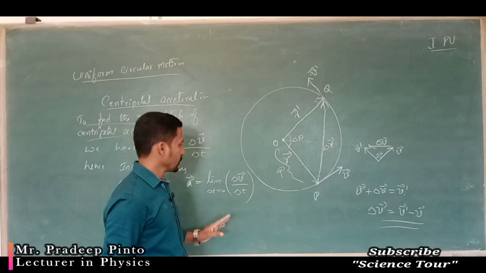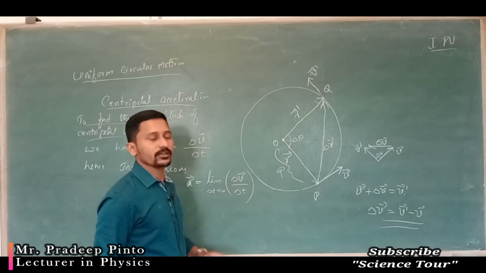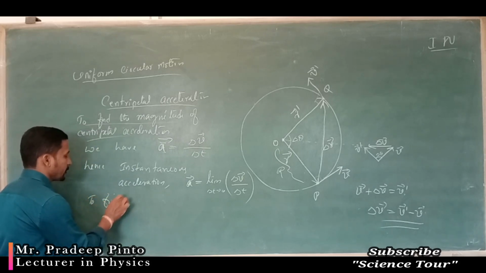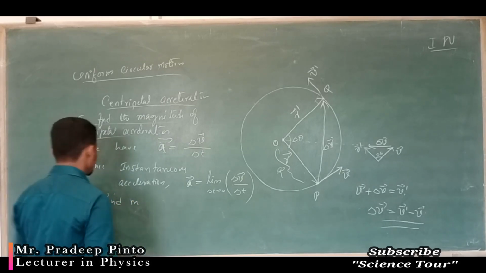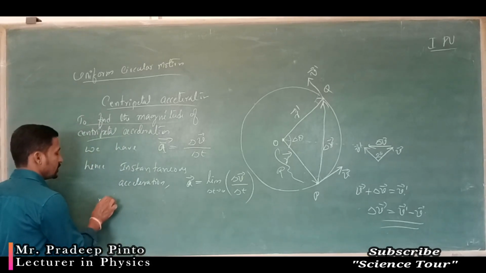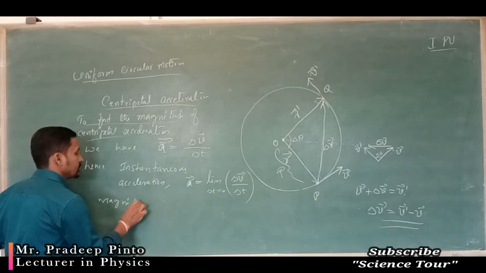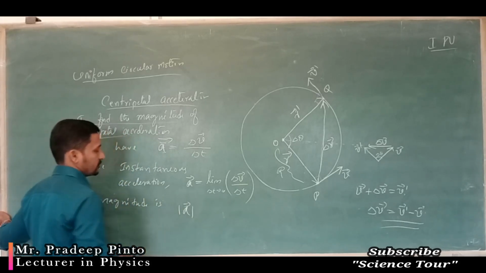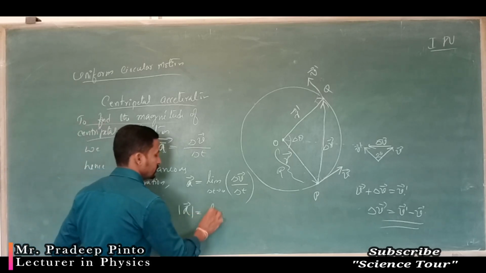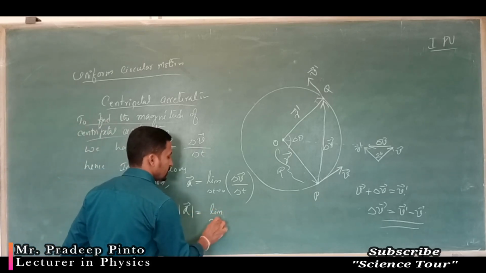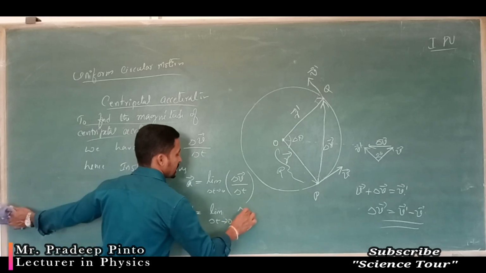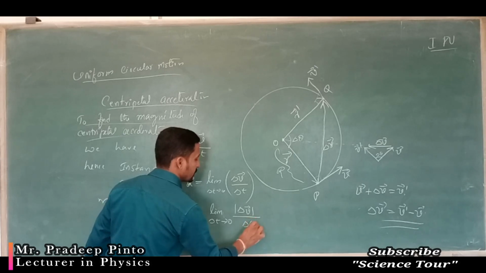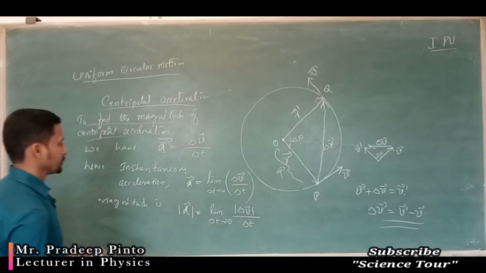The direction we already know, so we have to find only the magnitude. Only the number you are going to write down.